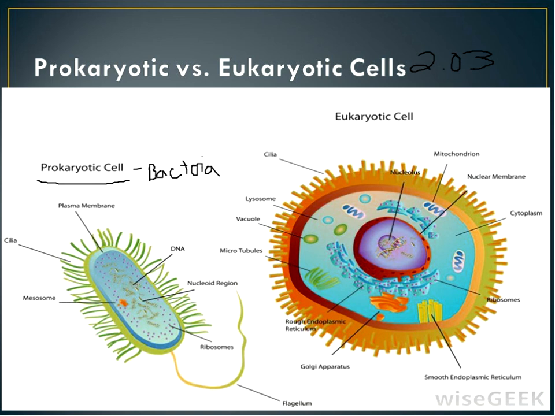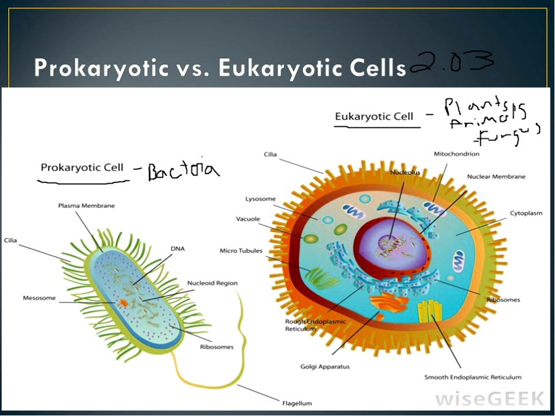When you think of a eukaryotic cell, you want to think of multi-cell things like plants or animals. Very good. Also fungus, too. Fungus is all eukaryotic cells as well. Okay, so good job there.